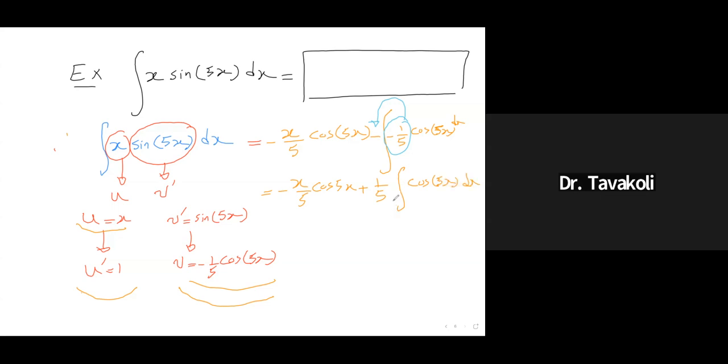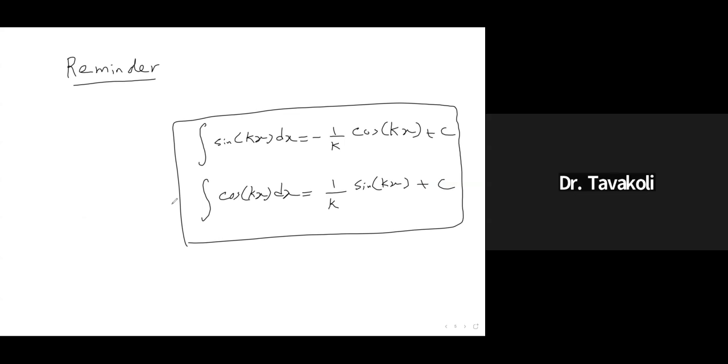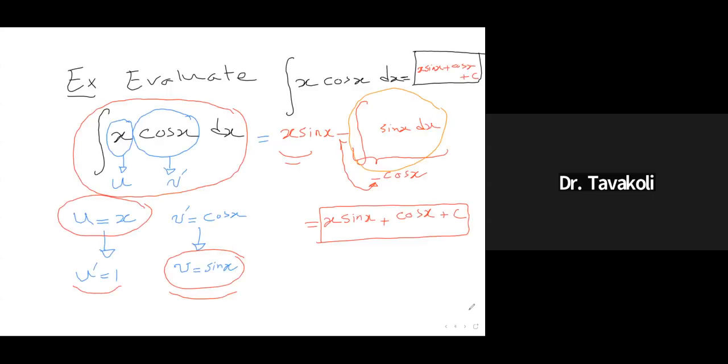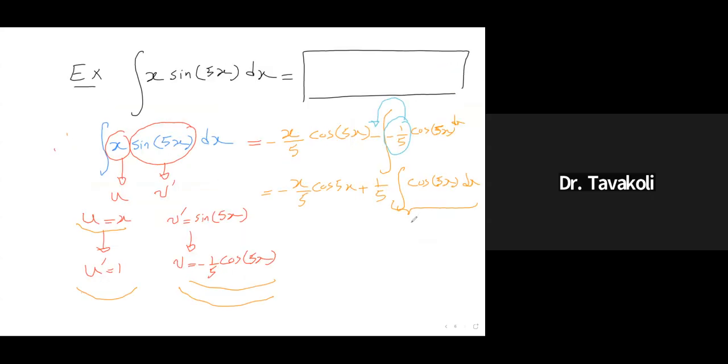But what is the antiderivative of cosine of 5x? That reminder will be helpful here. Integral of cosine of kx is 1 over k sine of kx. So here it's going to be 1/5 sine of 5x.